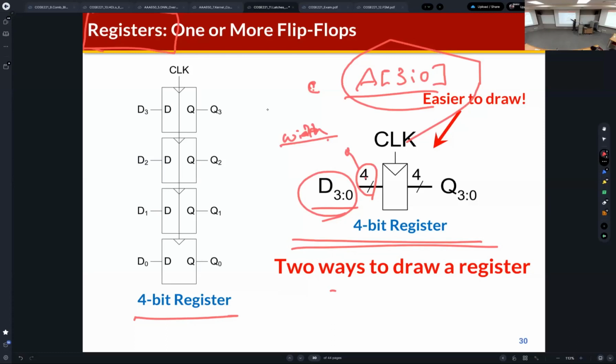So it represents 4 lines; there are 4 lines for this input signal, a 4-bit input signal. So we can use this register symbol to represent multi-bit D flip-flops.